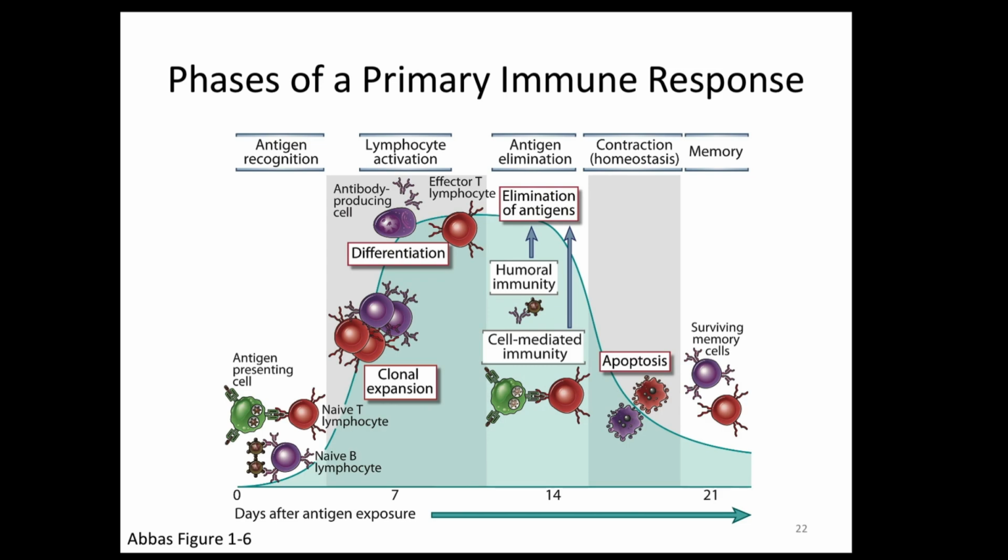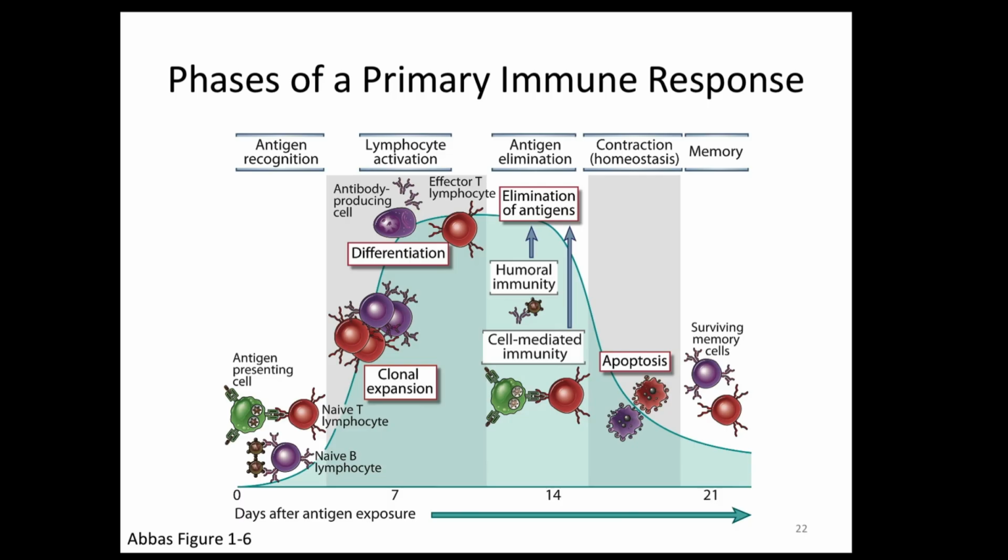After the antigen is eliminated, this immune response is going to contract. And so most of those cells are going to die. Most of those cells that we have turned on and primed are now effector cells, and the effector cells are not sticking around very long. They are going to die.